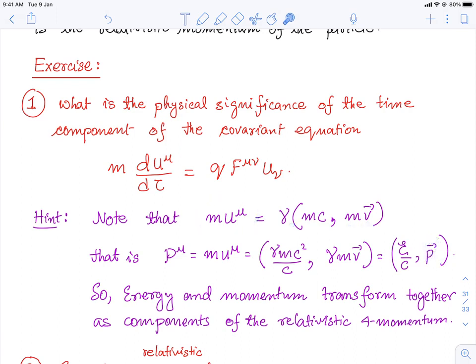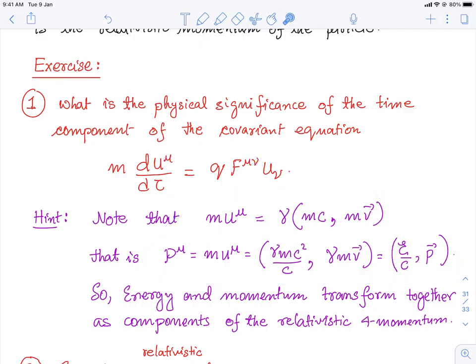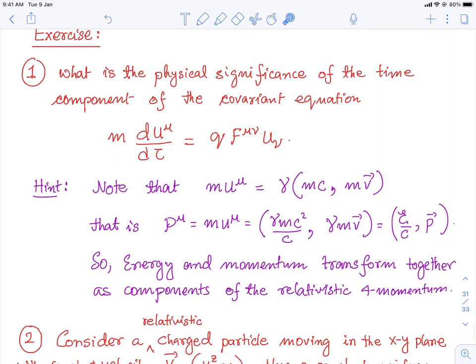But the time component of it is gamma times m times c, which you can write as gamma times mc square by c, which is basically energy by c for the relativistic free particle. So this I want to give as a hint. This doesn't answer the question, what happens to the time component of this equation? But it is somewhat a hint that for the 4-vector, the momentum and the energy together combine to give you a 4-vector.